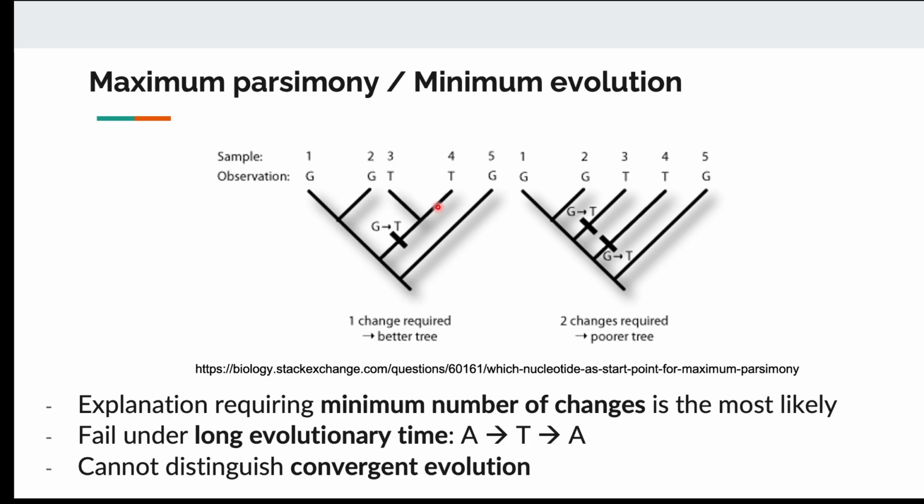Versus the second explanation, assume that the common ancestor is a G, and then somehow species 3 and 4 both have the same mutation, G to T, which are not related to each other. Like species 4 diverges first, acquires the new mutation. Species 3 diverges later, and then acquires the same mutation.